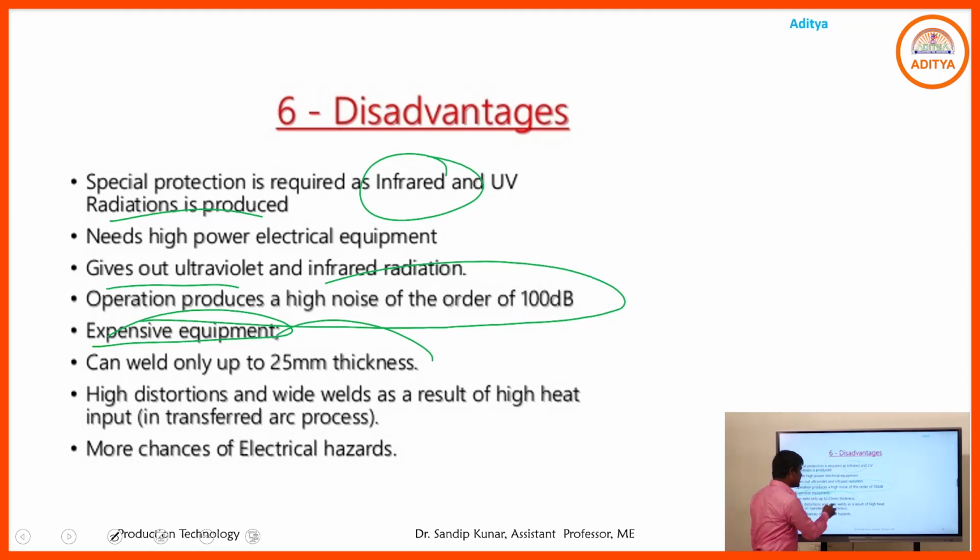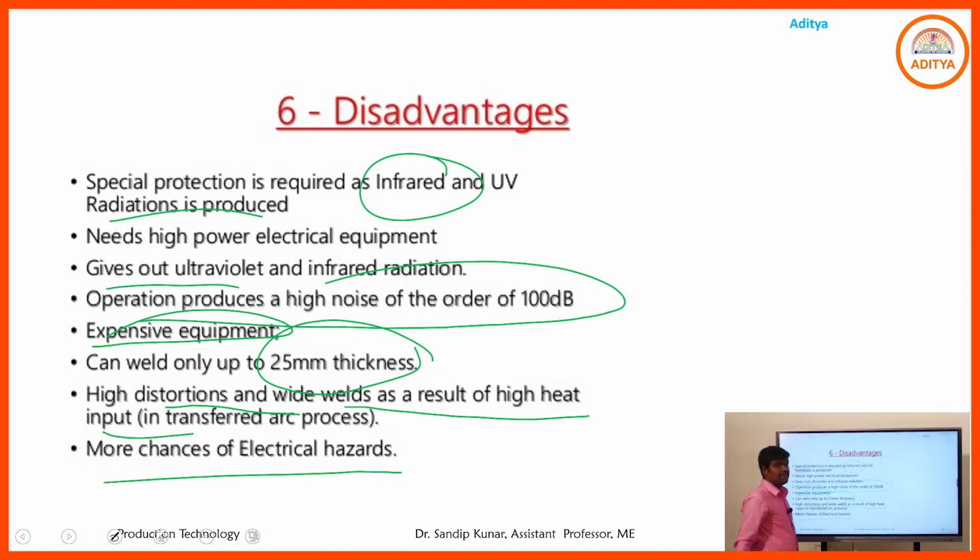It can weld up to 20 millimeter thickness. There is high distortion and a wide weld, as a high heat input is generated. There are more chances of electrical hazards, since very high temperature and a very high power source are required, so health hazards and electrical hazards may occur in this welding process.